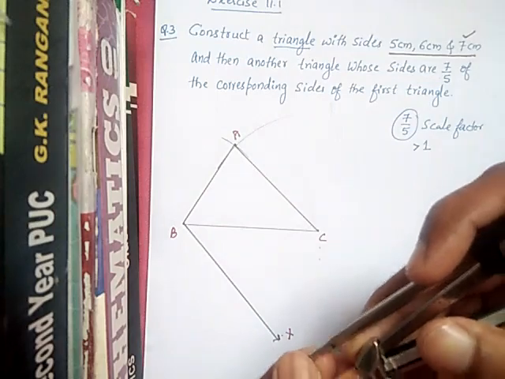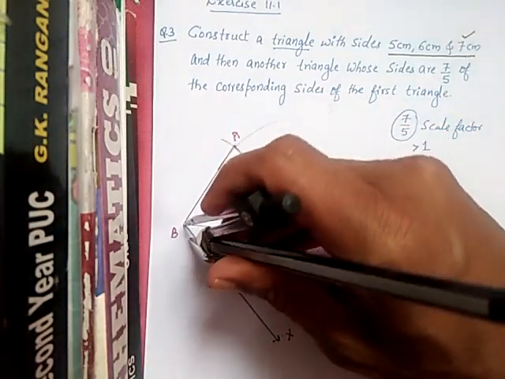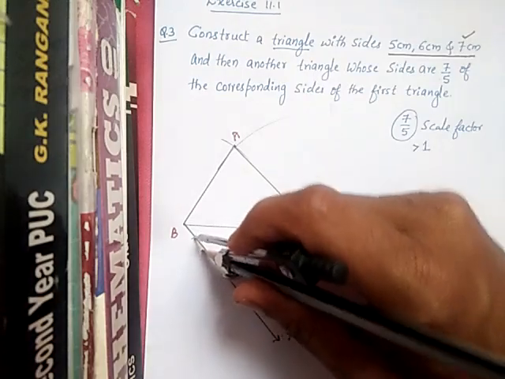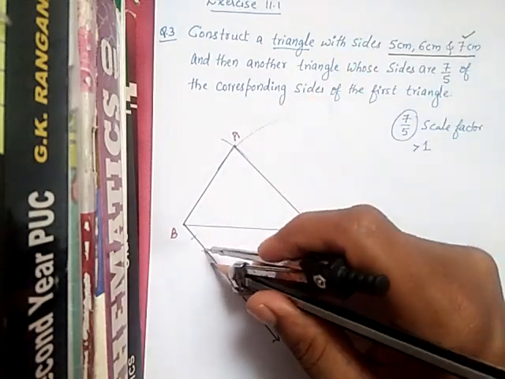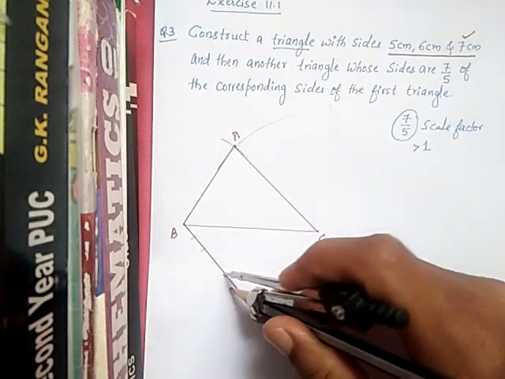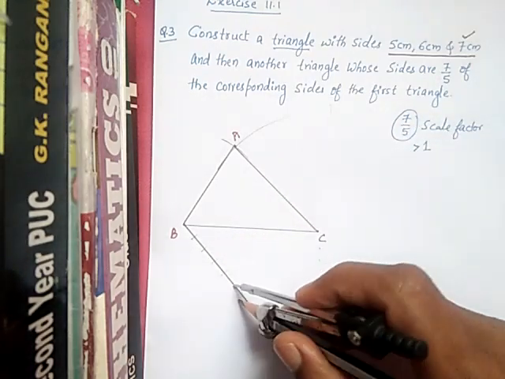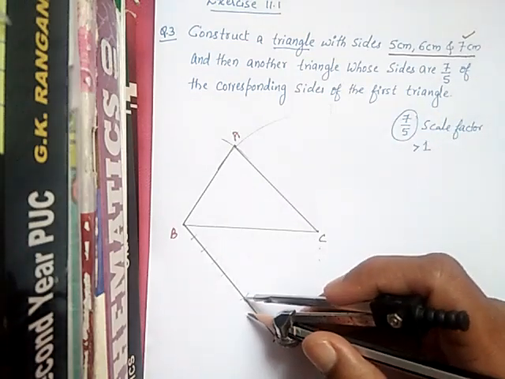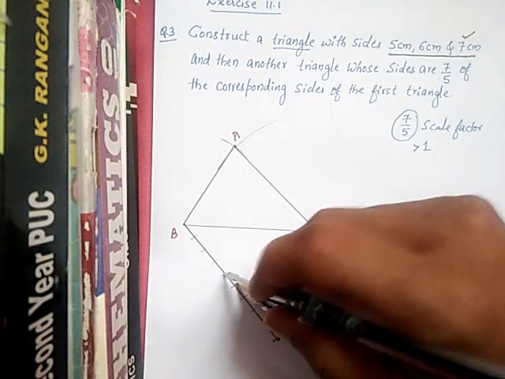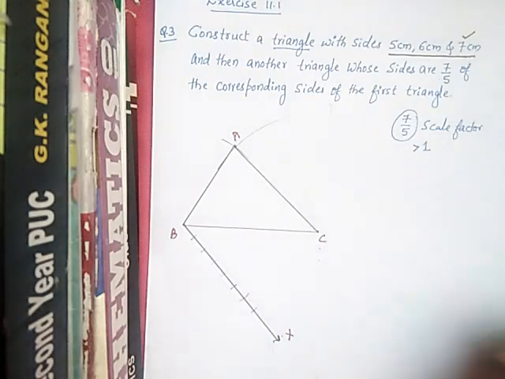I will take this much and keep on B and cut the arc: 1, next arc 2, next 3, 4, 5, 6, 7. After 7 you can stop, because in 7 by 5, 7 arcs you have to draw.